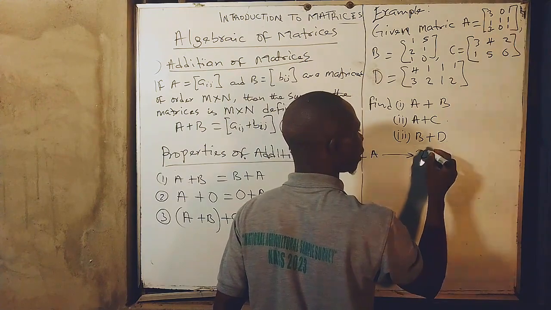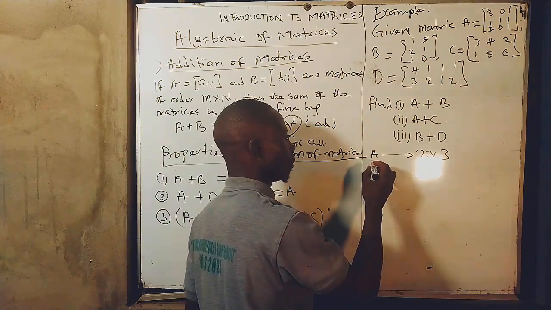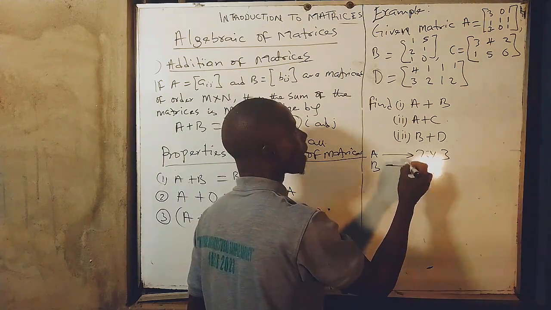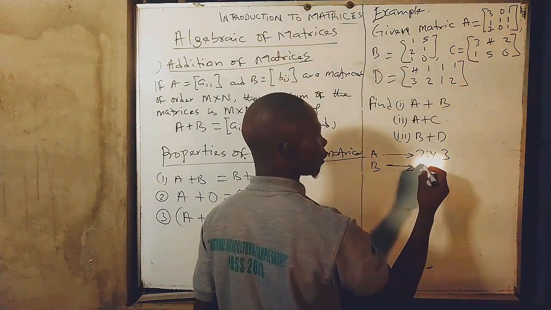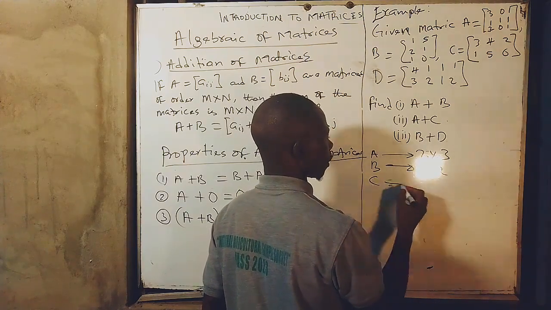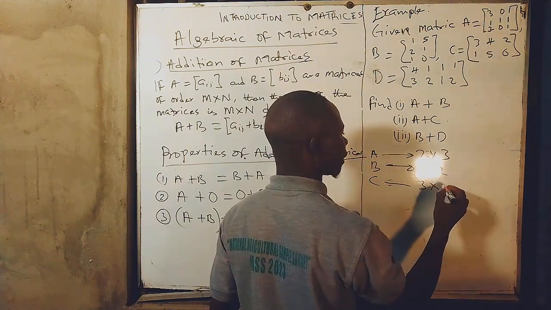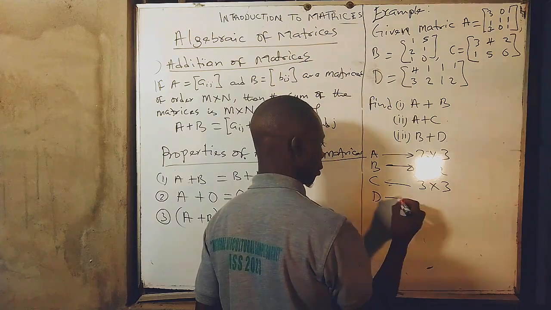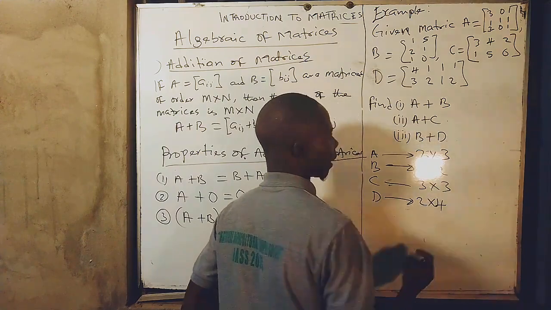B has 3 rows and 2 columns, so this is a 3 by 2 matrix. C is also a 3 by 3 matrix, while D is a 2 by 4 matrix.